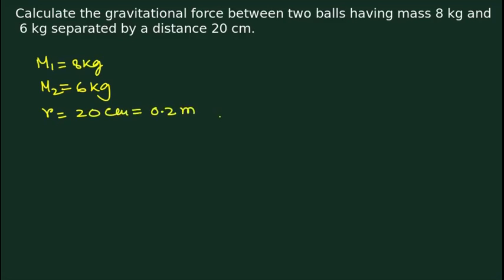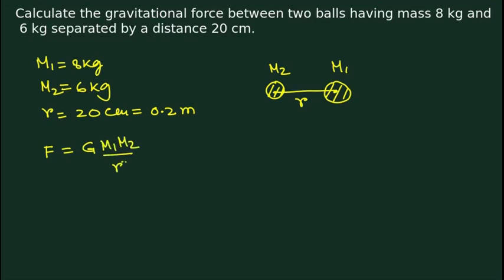Let's draw a diagram for it. This is m1 and this is m2, and the distance between them is r. So the force will be G m1 m2 by r square.